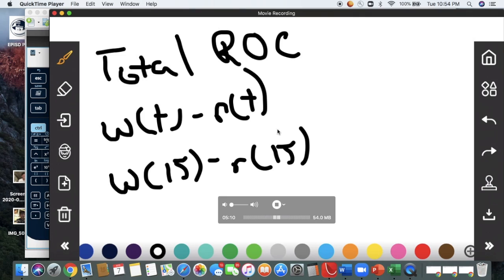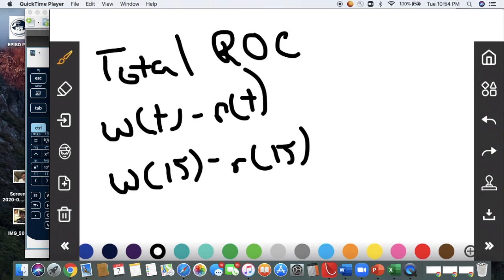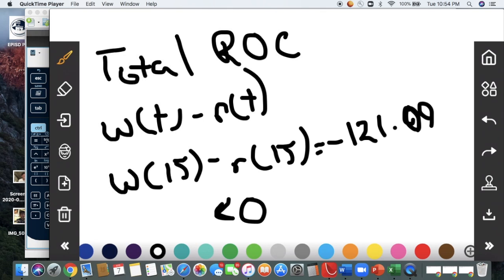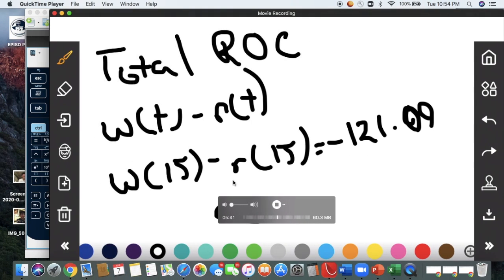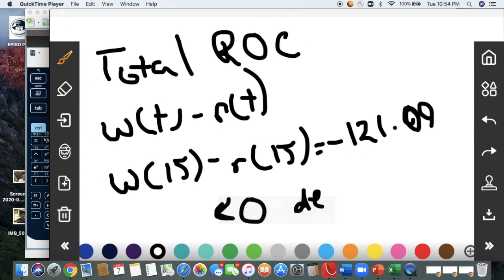And so what that means is, we'll write it right here, negative 121.09. This value is less than 0, right? Meaning that the water in this tank is not increasing, rather it's decreasing.